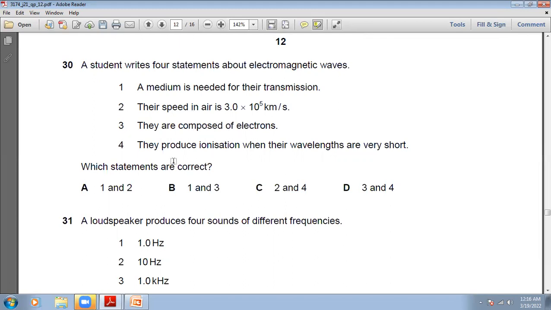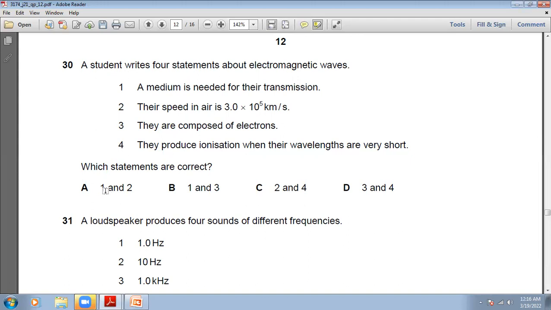They are composed of electrons. That's wrong. They produce ionization when their wavelengths are very short. Yes. So which statements are correct? A is 1 and 2. A medium is needed. No, A is perfectly wrong, because statement one says it needs a medium. The electromagnetic waves do not require a medium.